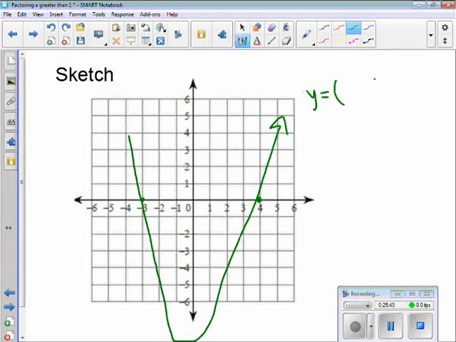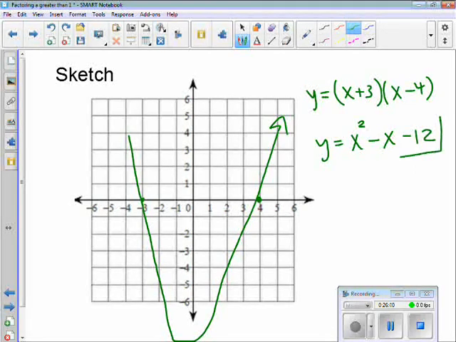You would simply go x plus 3 and x minus 4, and then you'd FOIL that out. And there's an example of an equation that's going to cross the x-axis at negative 3 and positive 4. And there you have it.